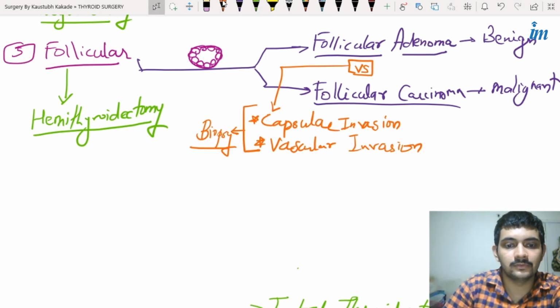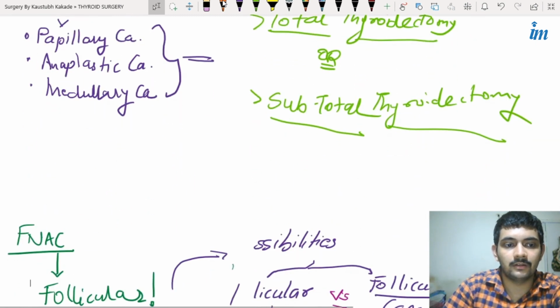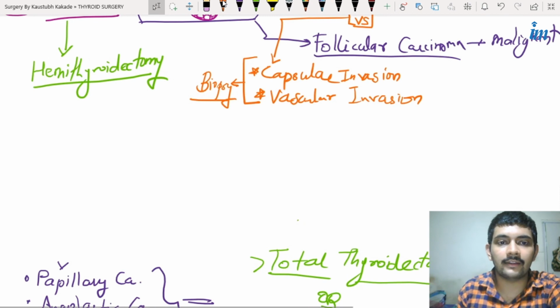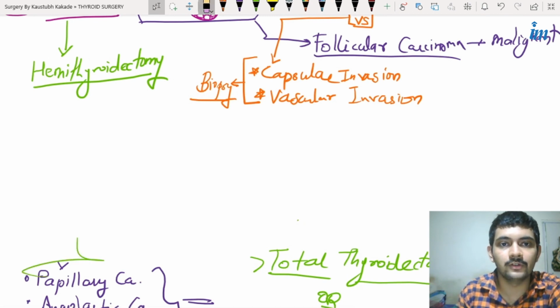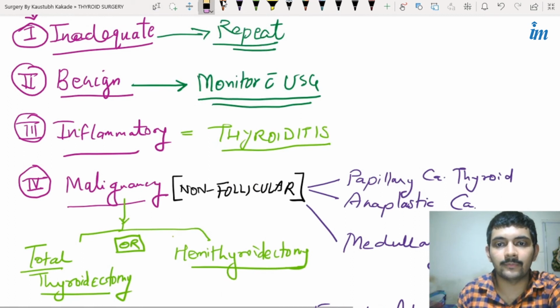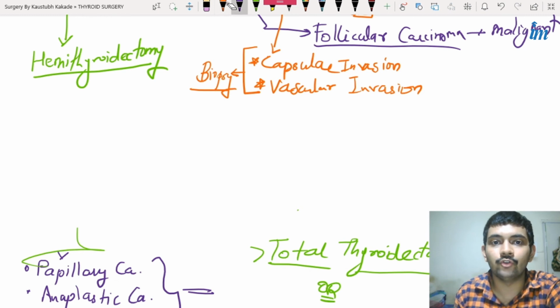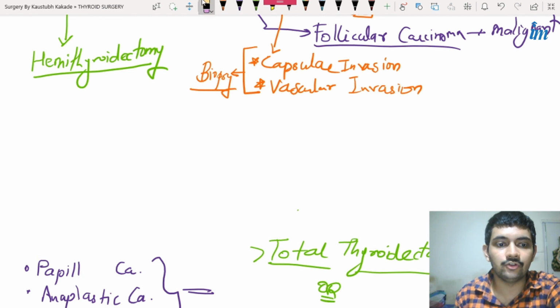Now, after hemithyroidectomy, what you are going to do? After hemithyroidectomy, you are going to send the biopsy sample.